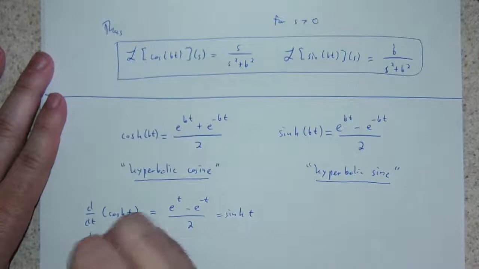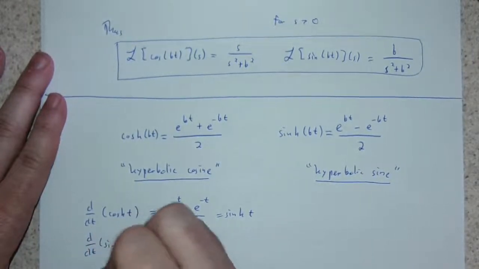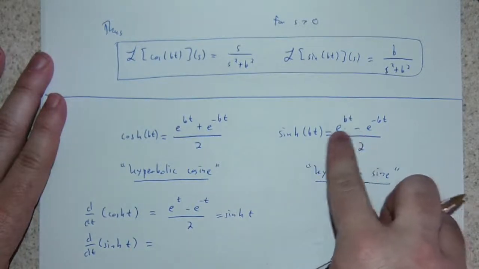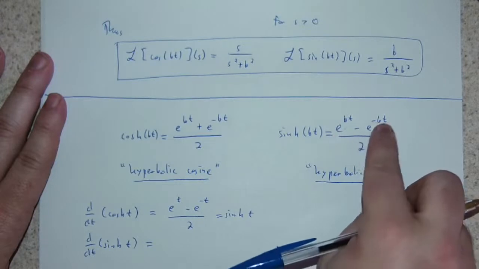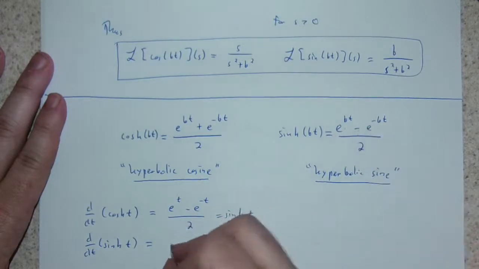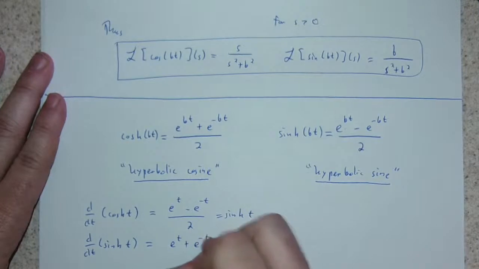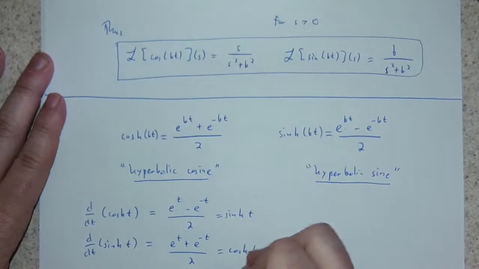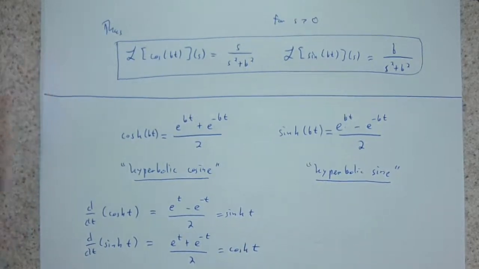What's the derivative of sinh of t? Sinh of t is (e^t - e^(-t))/2. So it's minus minus, so it's plus, so it's (e^t + e^(-t))/2. But that's cosh t. So actually it's even nicer. You don't have to remember which direction gives you a minus sign here. So the derivative of cosh t is sinh t, and the derivative of sinh t is cosh t.